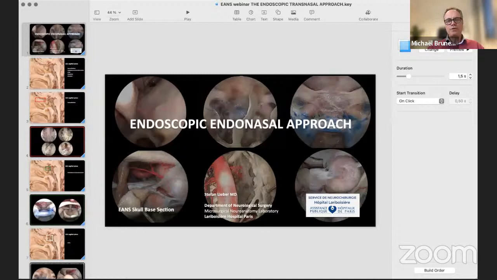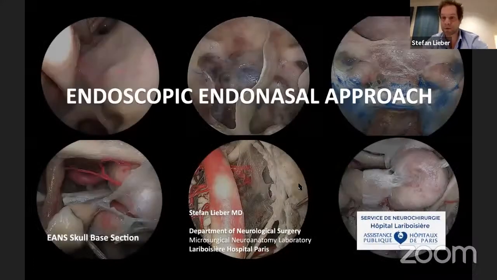Yes, okay, it works. Maybe you have just to move to the full screen mode. All right. So, does it work with the screen? Yes, perfect. All right, thanks very much for having me.